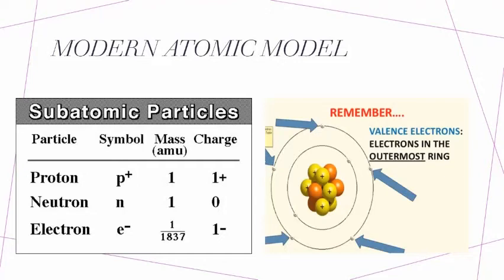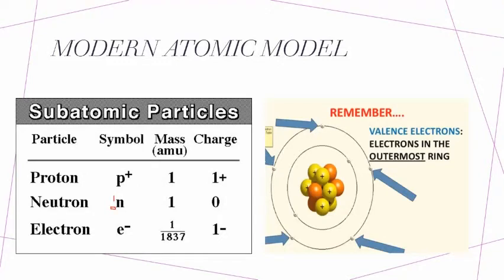Its mass is almost equal to the mass of one atom of hydrogen. It is denoted by the symbol N, with 1 on the top and 0 at the bottom. This is how it's represented.